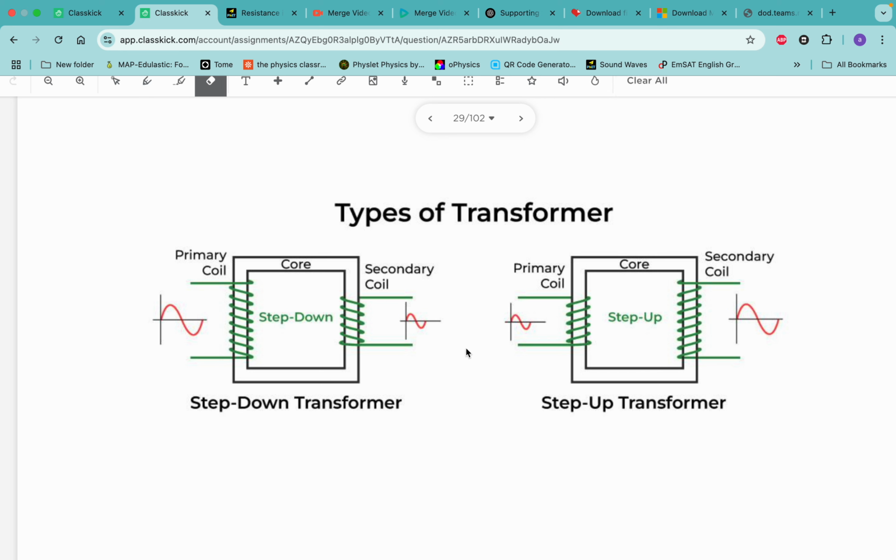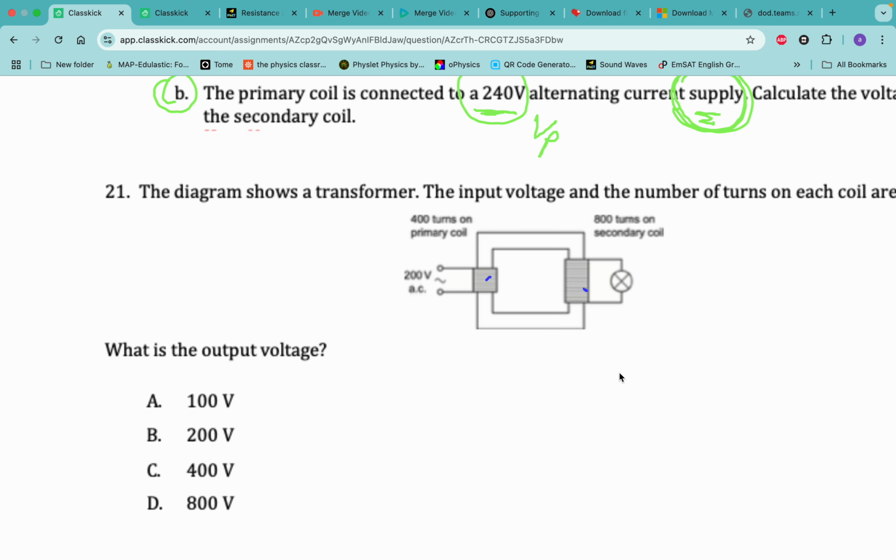The primary is less, so step up. Step up means it will increase, so this voltage has to be more than this voltage. If this voltage is 200, obviously this is going to be greater than 200.